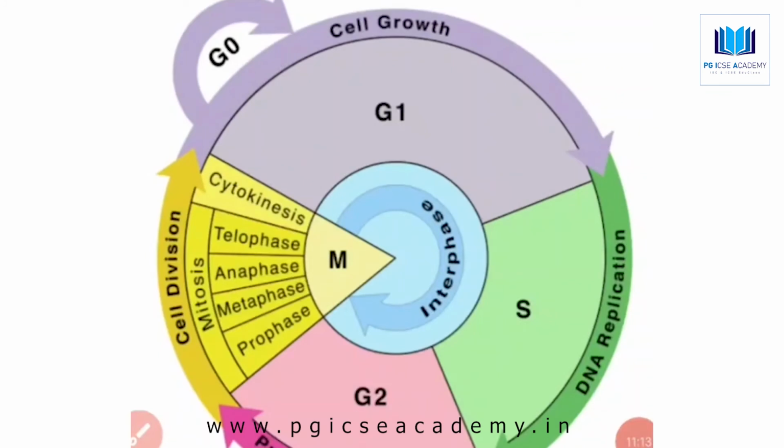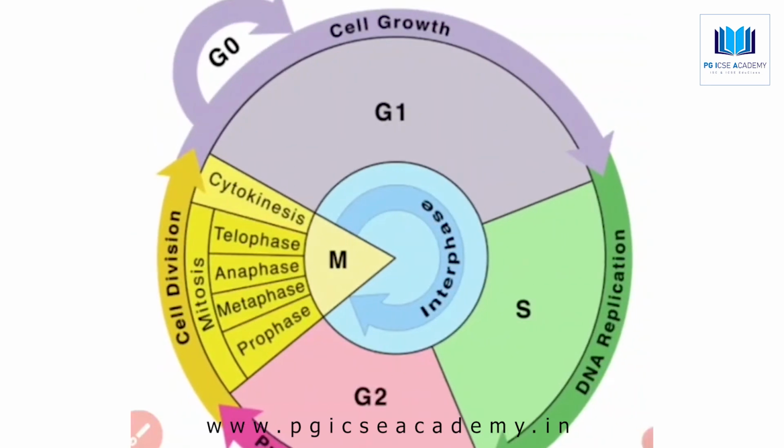In G1 phase, RNA and proteins are synthesized and the volume of cytoplasm increases. As we have seen, interphase is also known as the resting phase, but the process does not stop here.